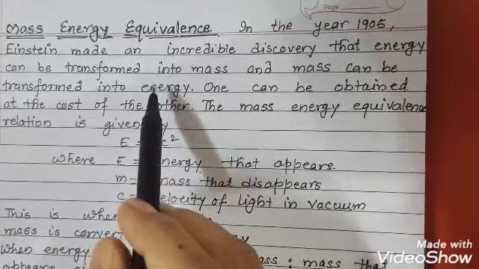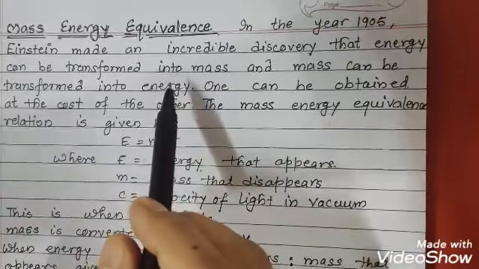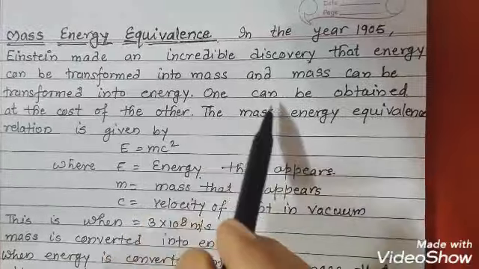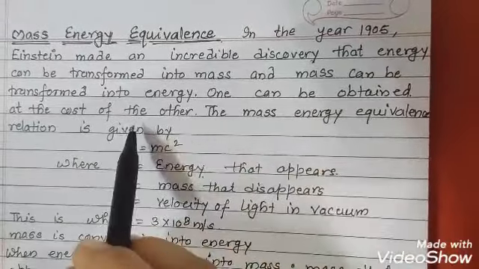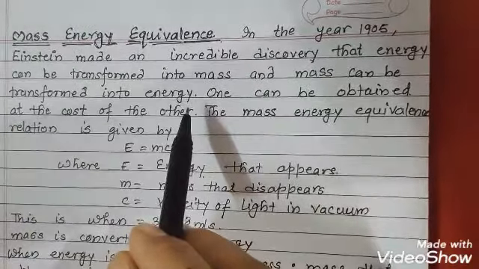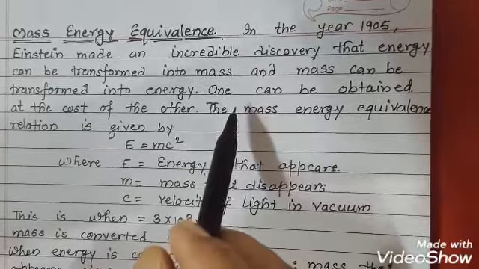So energy and mass are separately conserved, but after this discovery we have learned that one can be obtained at the cost of the other. That means mass can be obtained at the cost of energy, or energy can be obtained at the cost of mass.